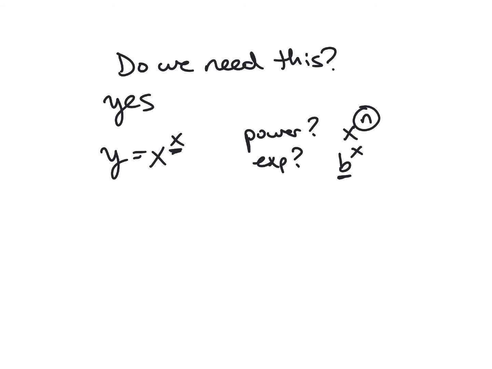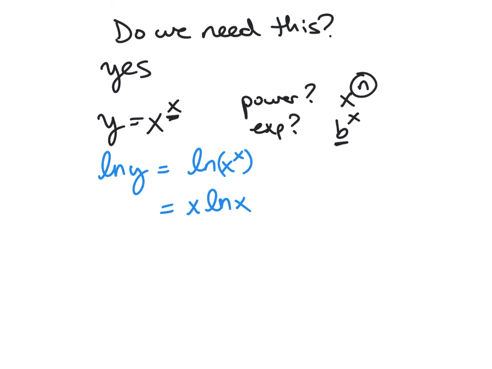However, we know that the natural log makes powers much easier. So let's go ahead and take the natural log of both sides. So this is the natural log of x to the x, but what does that equal? Well, that power just comes down, and so we get x times the natural log of x. Once we have this, it's just a product rule, right? So on the left side, if I take the derivative, I get 1 over y dy/dx, and on the right side, I will get x times 1 over x plus 1 times the natural log of x.